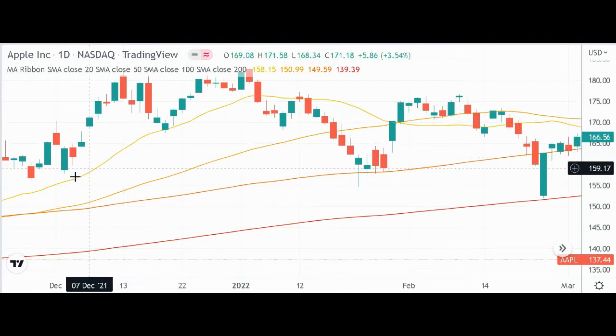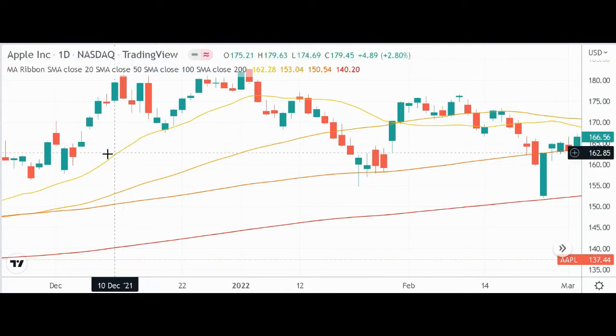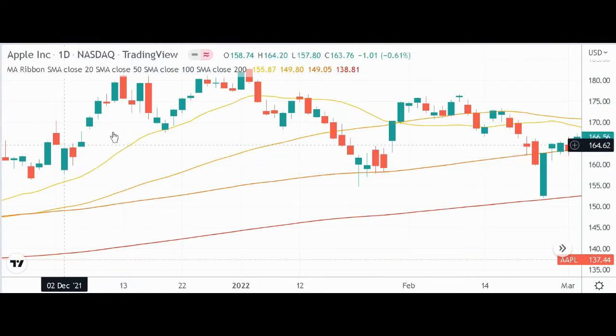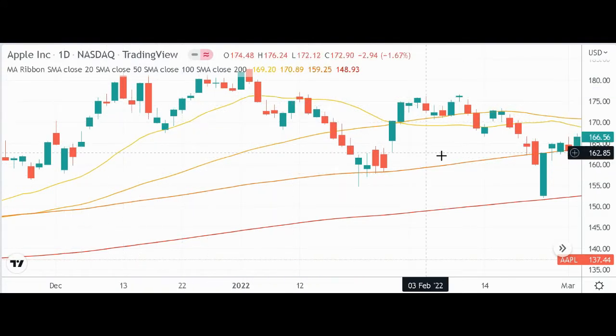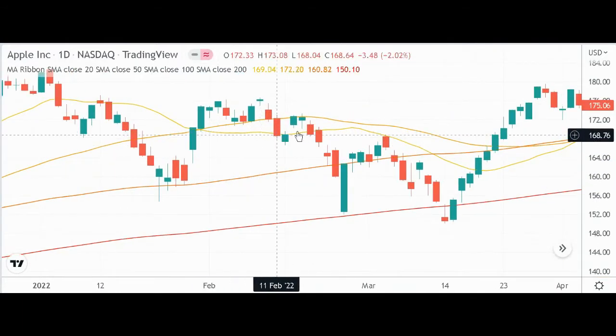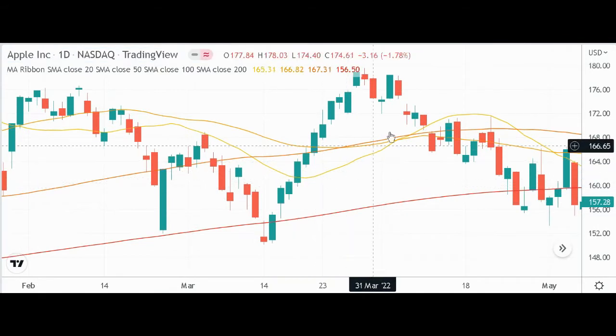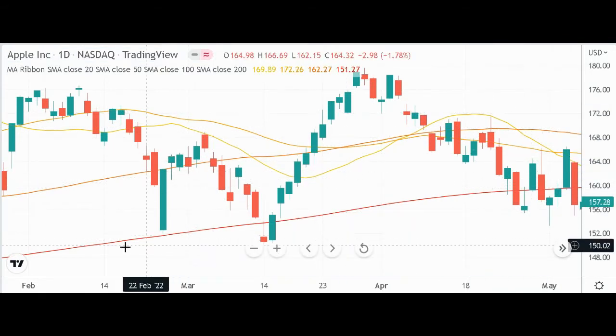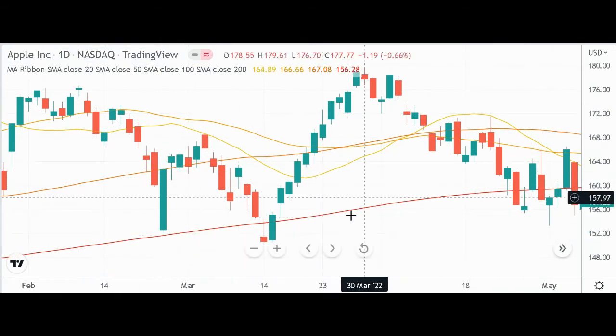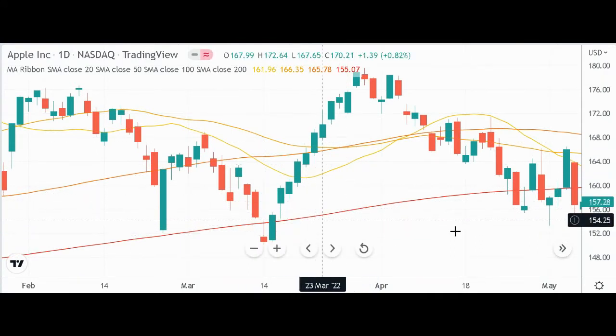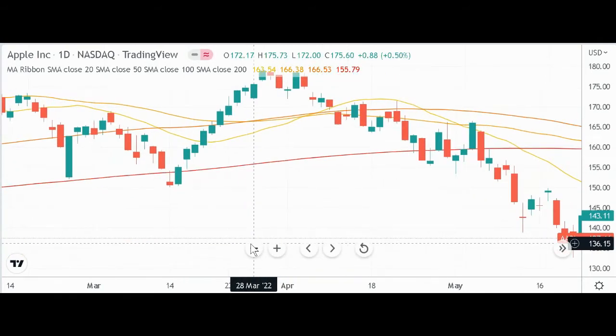And therefore, the 20 in yellow here, bright yellow, it clings to the candles pretty closely, right? I mean, watch that yellow line as I move, right? Okay, you see how it's kind of staying close to the candles here, as opposed to the 200, which is farthest away oftentimes, typically from the candles out of these 4 moving averages, all right?